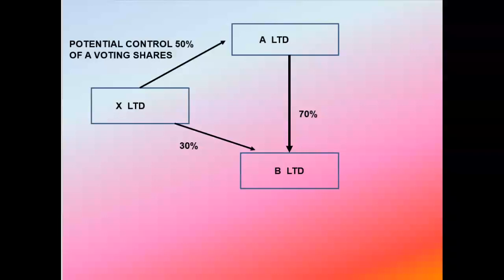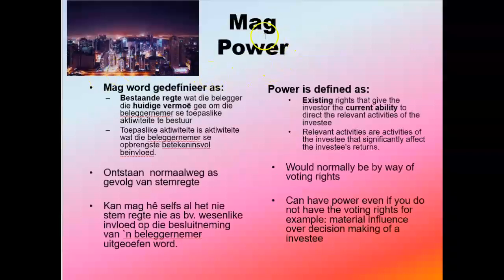Now guys, before you jump to a conclusion and before you actually scratch your head and before you do anything, let me refer you back to what is power. Power is defined as the existing right that gives the investor the current ability to direct the relevant activities of the investee.